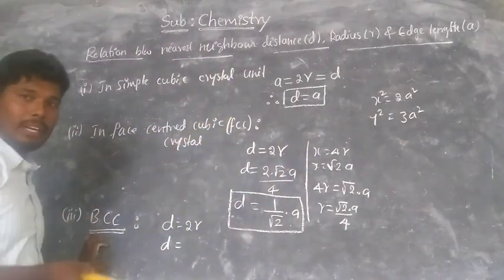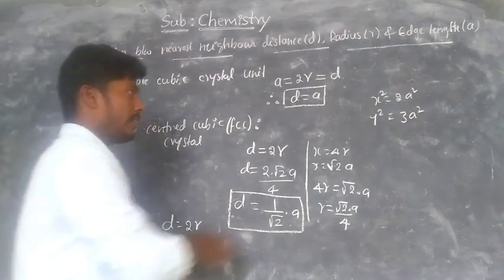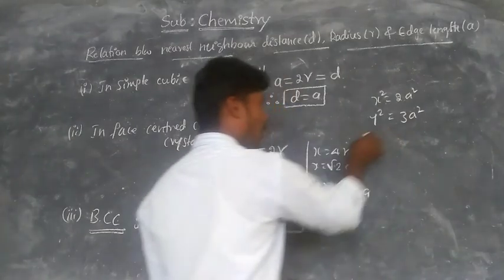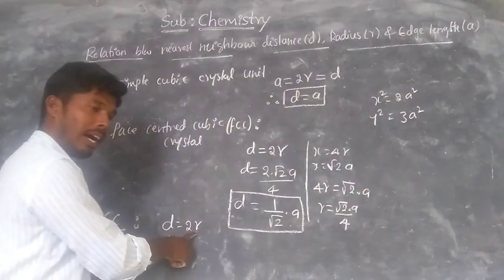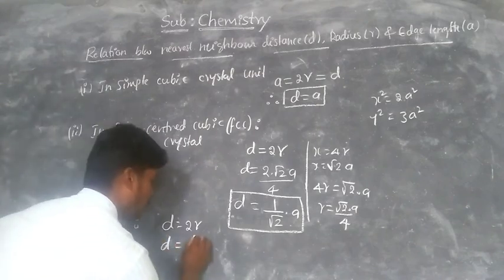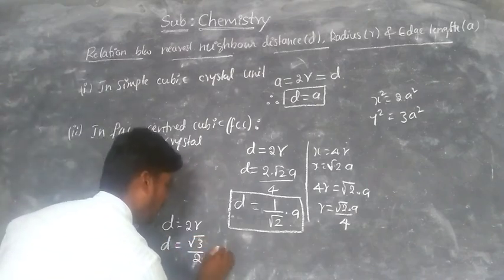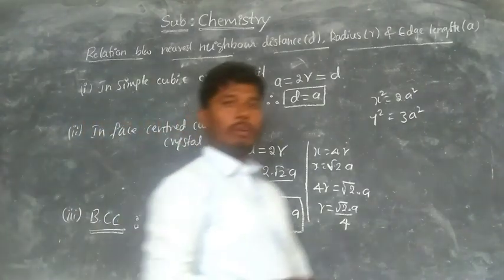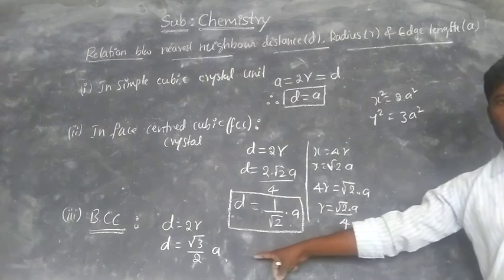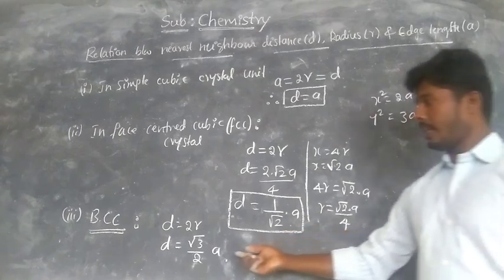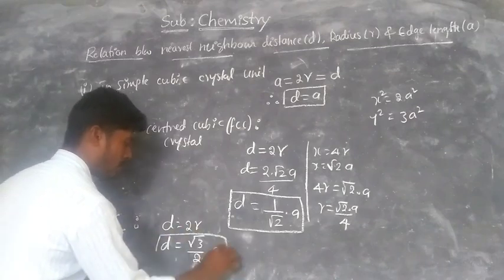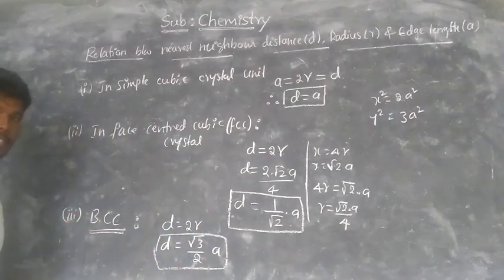Thereby comparing this 3a square and the value of r, after finding the value of r and substituting, you get D is equal to root 3 by 2 into a. This is the nearest neighbor distance in BCC.